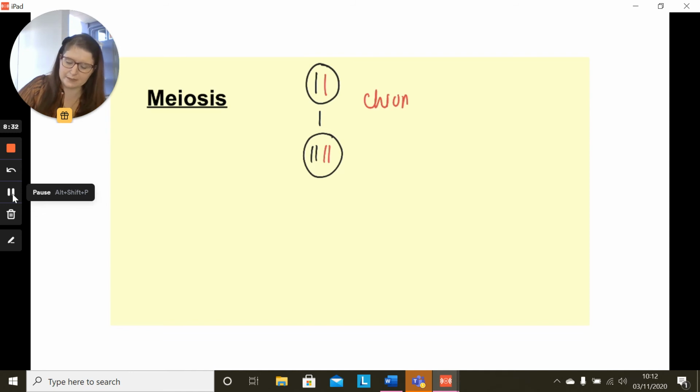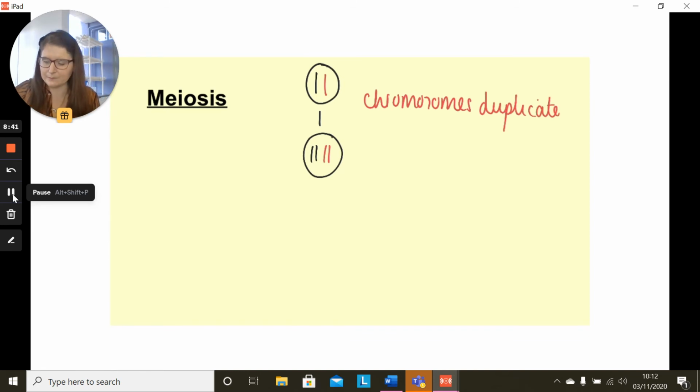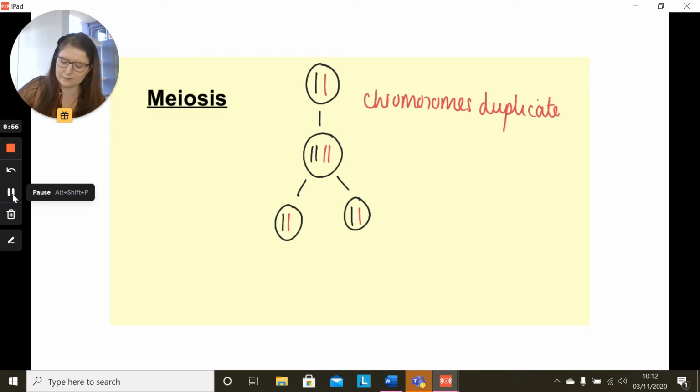Before any cell divides, our chromosomes duplicate. And then what happens? From that, our cell will split, just like in mitosis. If you notice, I've literally just drawn mitosis again, where I've got 2 cells and they're identical to the original cell.